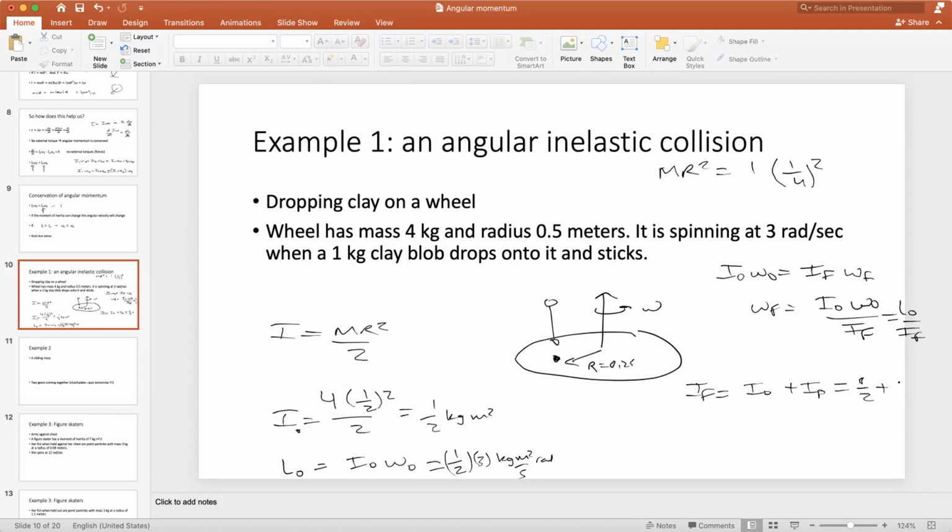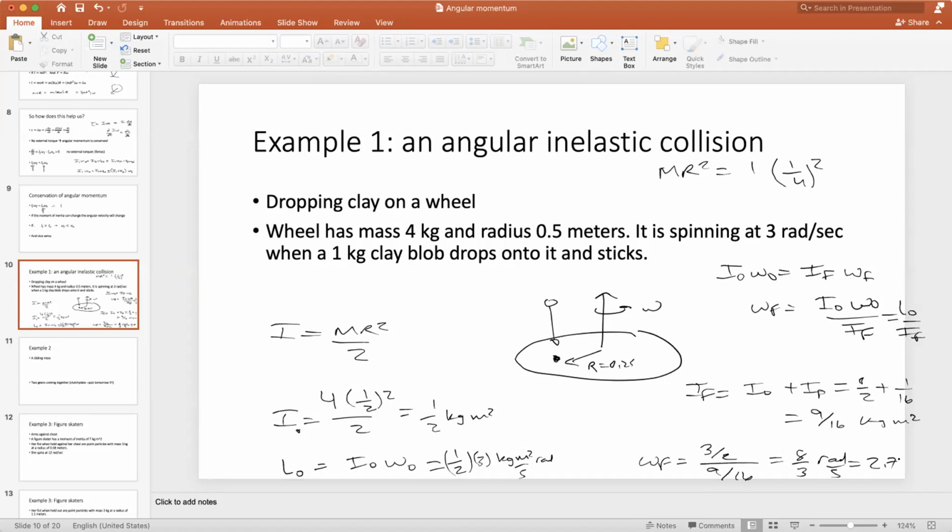That would be 1/16. So I get a half plus a 16th, and that ends up being 8 over 16 plus 1 over 16, which is 9/16. So I get 9/16 kilogram meter squared for I final. Doing this real quick, I know this was 3/2 over 9/16. If I flip this up, I get 8/3 rad per second.